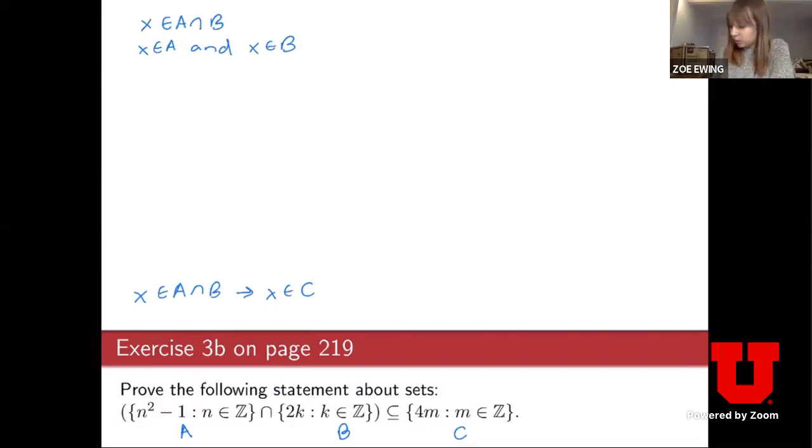And because we've got formulas for this one, that also means that x is equal to n squared minus 1 and x is equal to 2k. Does anybody know where we can go from here? Anybody that I haven't heard from today? So there's a substitution we can make.